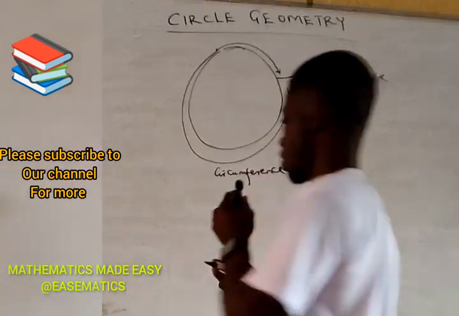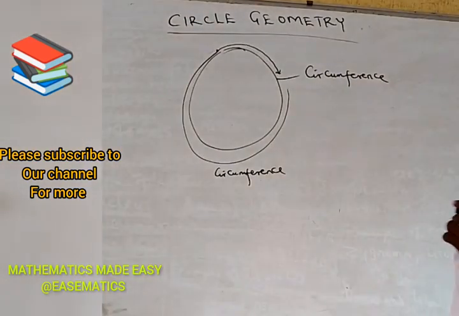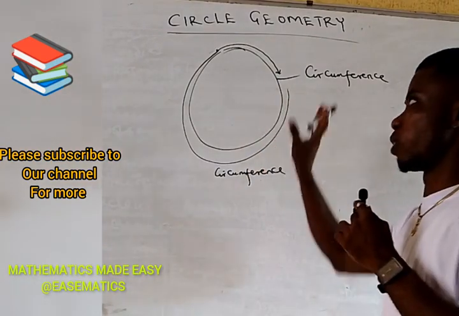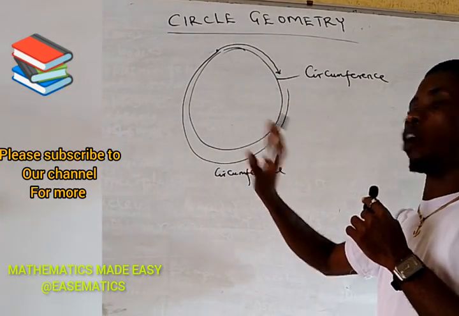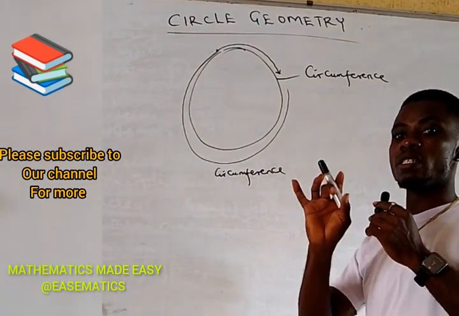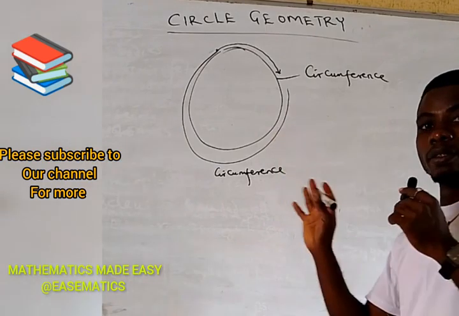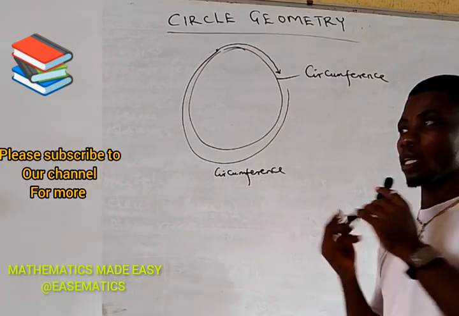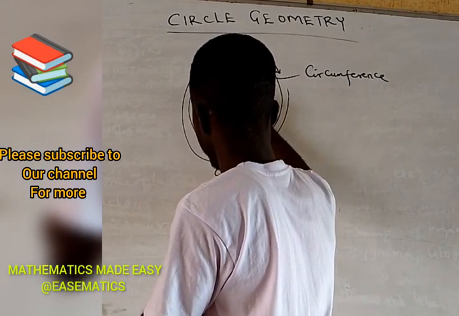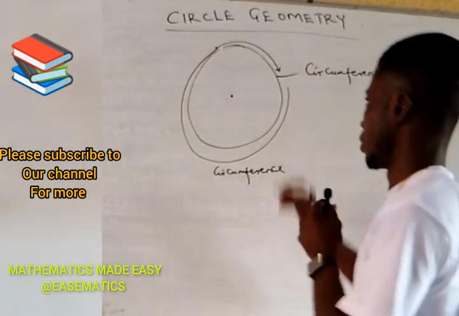This is one of the major parts, or what forms the boundary of a circle, the circumference. So it is the distance round the circle.